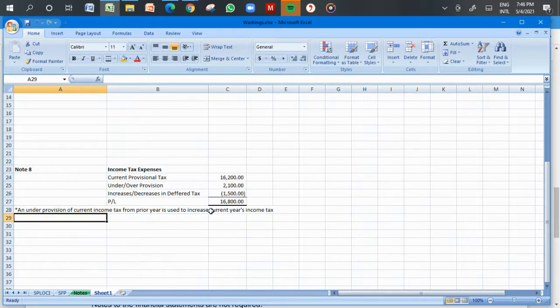Okay, this is the first note. Second note, you are explaining why we should use the under provision to increase current year's income tax.